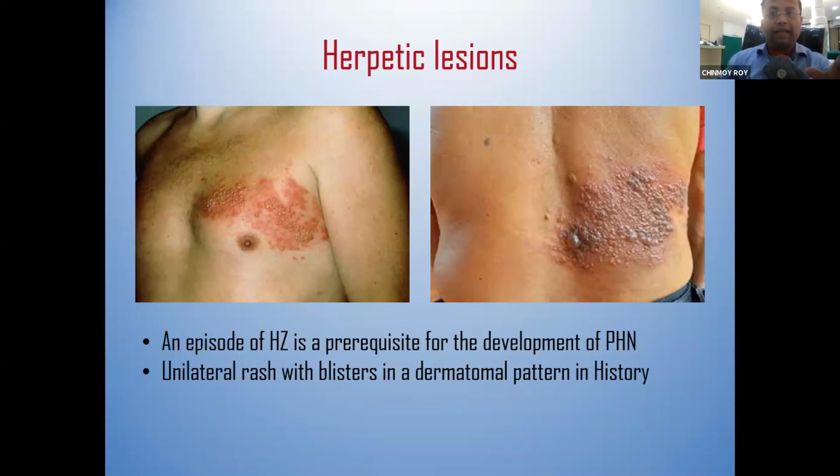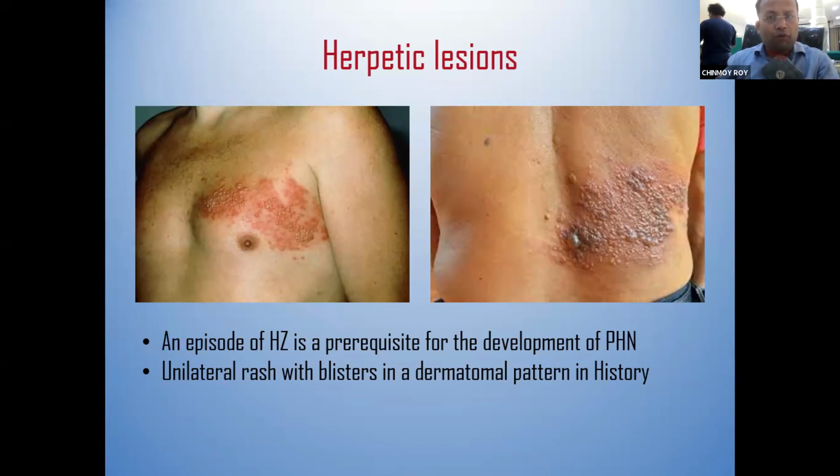So we will take history from the patient most of the time, whether you developed this type of lesion or not. An episode of herpes zoster is a prerequisite for the development of post-herpetic neuralgia. So our history should give us the clue that the patient had herpes zoster.